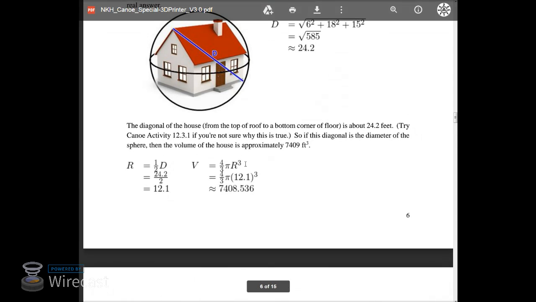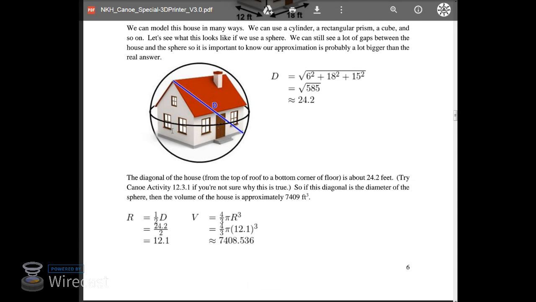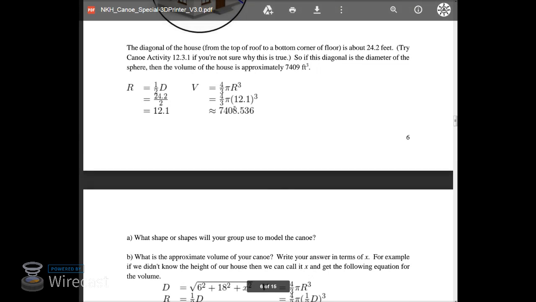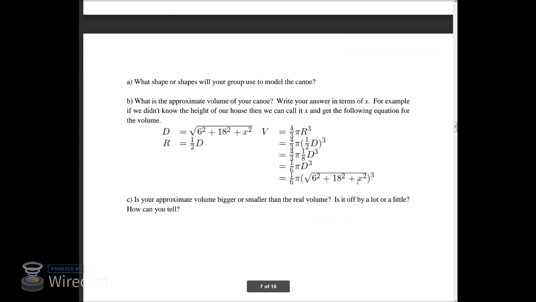So over here, if you do not know one of the dimensions, like if you did not know the height, then you can rewrite the volume as a formula where you're missing one of the parameters. So over here we have x as the height, as the depth of the canoe. Well, in this example, it's the height of the house.